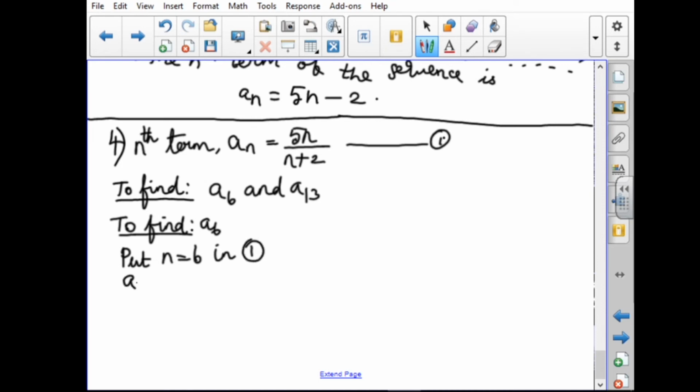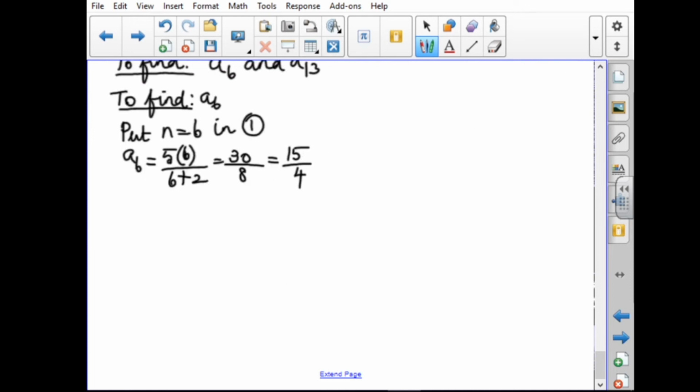So a6 equals, instead of n we substitute 6: 5 into 6 divided by 6 plus 2. That is 30 by 8. Cancel in 2 table, 15 by 4. Therefore, a6 equals 15 by 4.